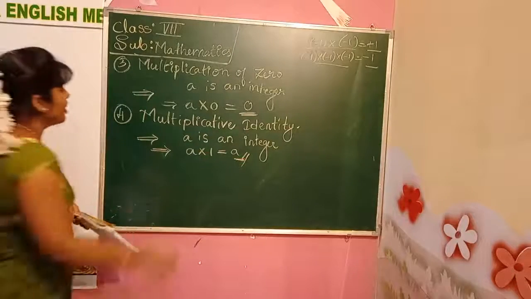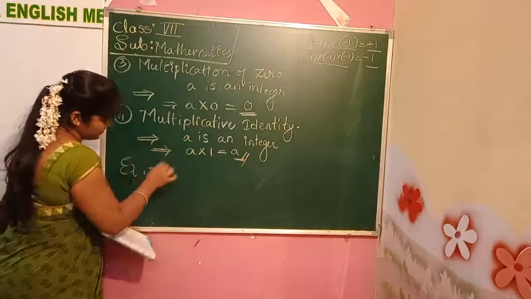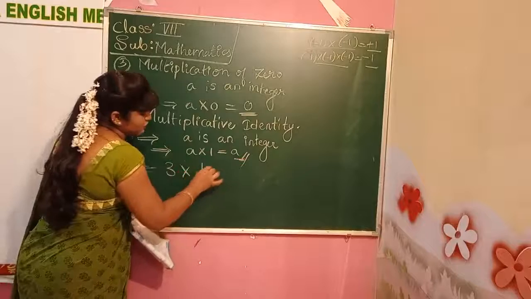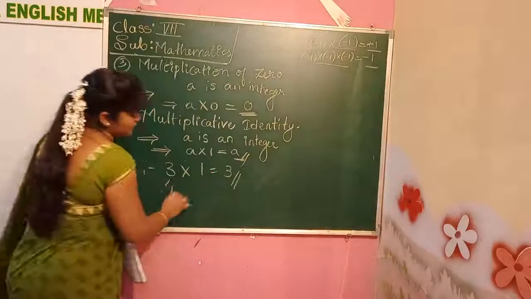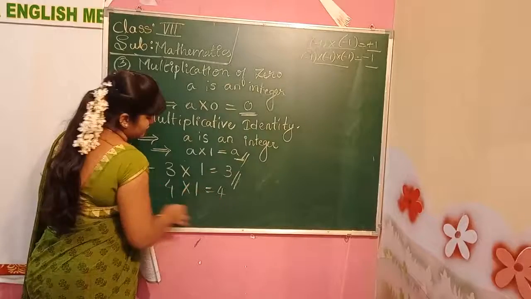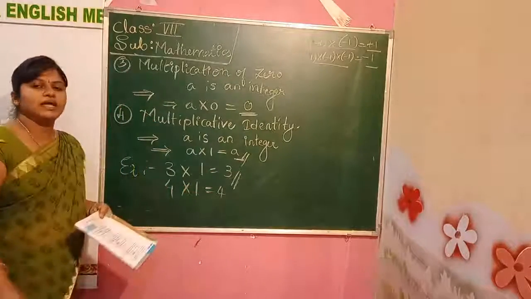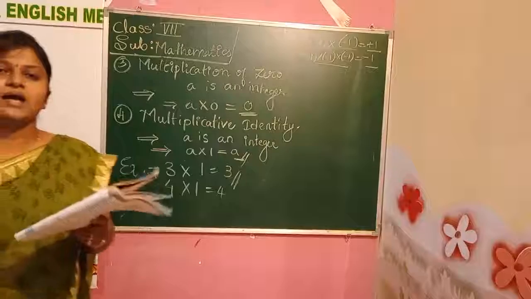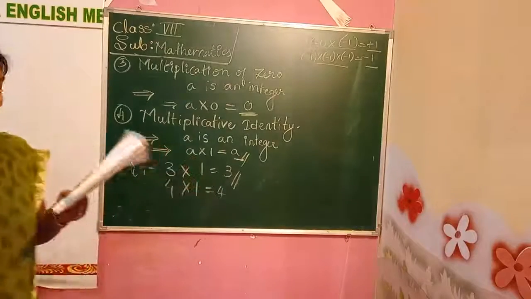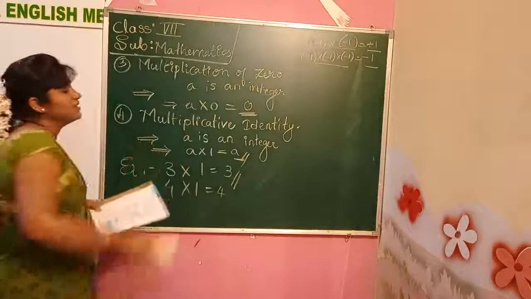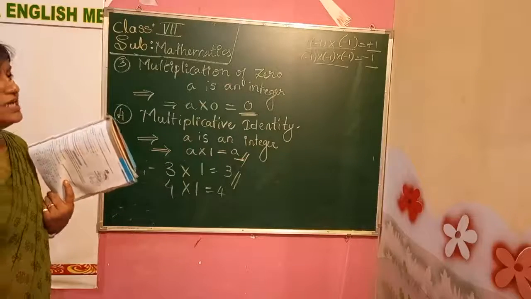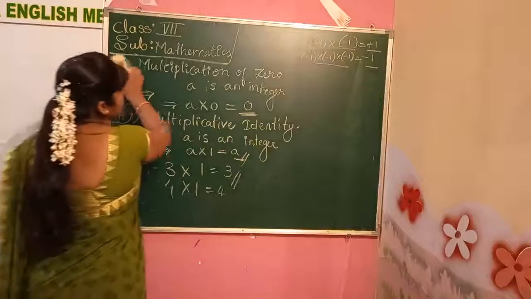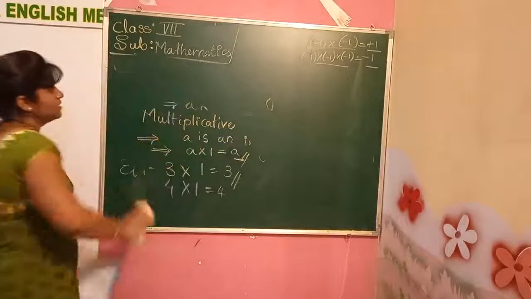We'll solve one example for this. 3 into 1, we get what, children? 3 ones are 3. 4 ones are 4. We are just multiplying 1 with any number, and that will be the number itself. Understood now? The fourth property is multiplicative identity.